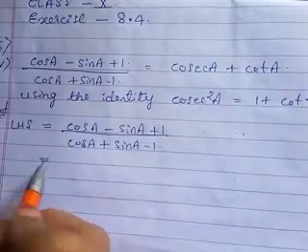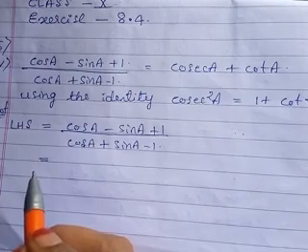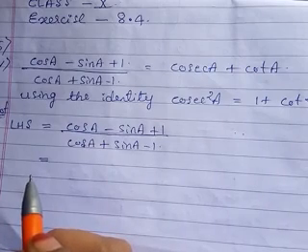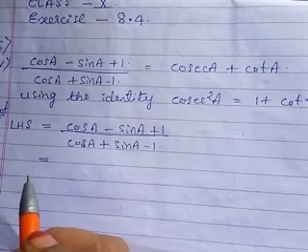In trigonometry, there is no particular method, but sometimes we have to use trigonometric identities and algebraic identities.